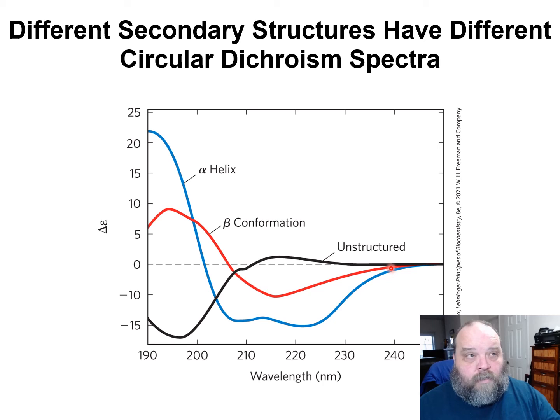The unstructured, because remember, not everything's going to fall in an alpha helix or beta strand, well, all those others also have absorption spectra that are different from what we see with alpha helix or beta conformation. Notice here the wavelengths. This is well below anything we could do with a spec, so don't think we're going to be doing this here. This is going to be more infrared.